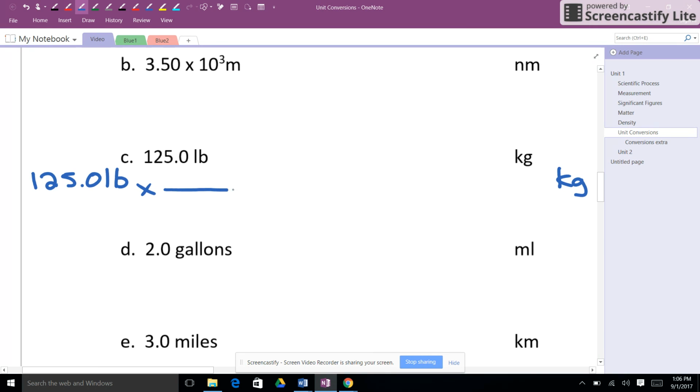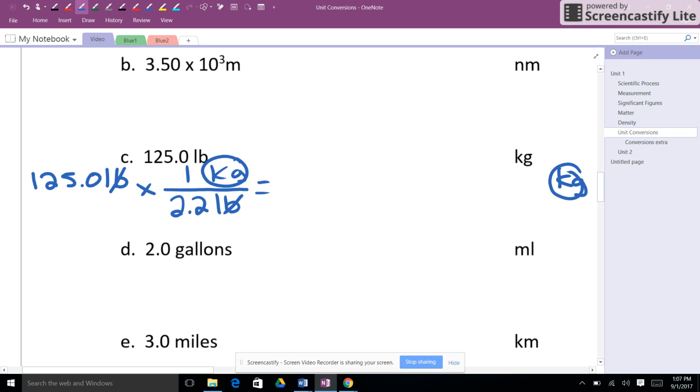So before I put the numbers in, I'm going to make sure that I get my pounds unit on bottom because that's the unit I'm trying to cancel. And we're looking for kilograms, so let's get that on top. And then when we look at the conversion factors, we know that there are 2.2 pounds per 1 kilogram. So my pounds unit cancels. We're left with kilograms. That's what we were looking for, so we're done with setup.